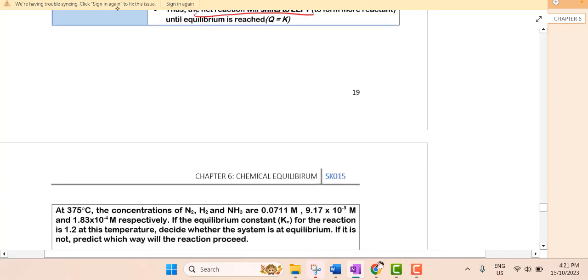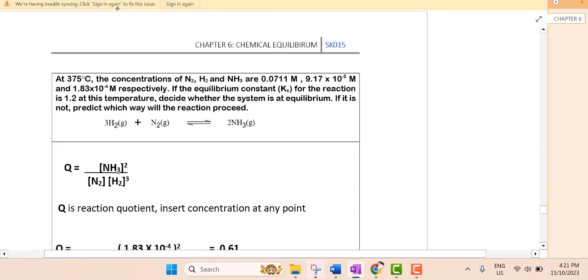Okay, so we look at an example. At 375 degrees Celsius, the concentrations of H2, N2 and NH3 are given. If the equilibrium constant is 1.2, decide whether the system is at equilibrium. If it is not, predict in which direction the reaction will proceed.